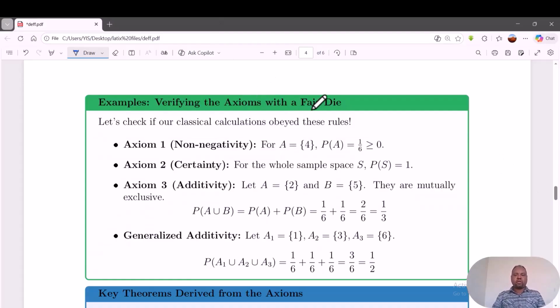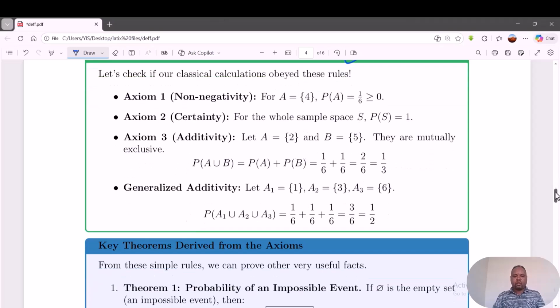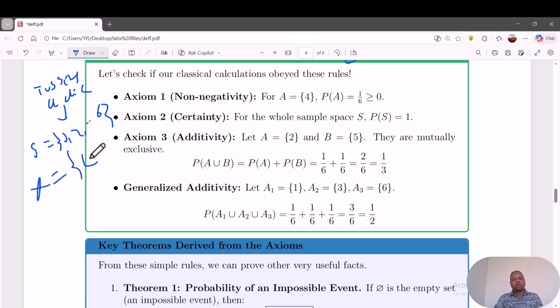Verify the axioms with a fair die, right? For example, tossing a six-sided die produces this outcome, where A is defined to be getting number 4. So the probability of A is 1 over 6. 1 over 6 is greater than 0, right?